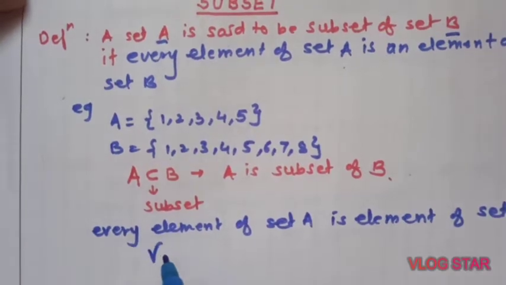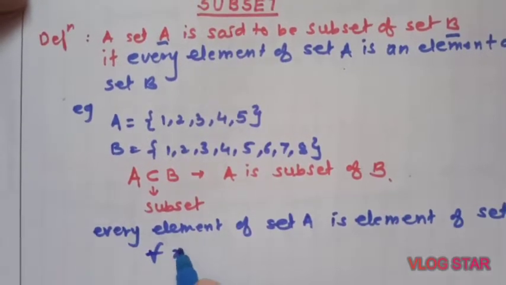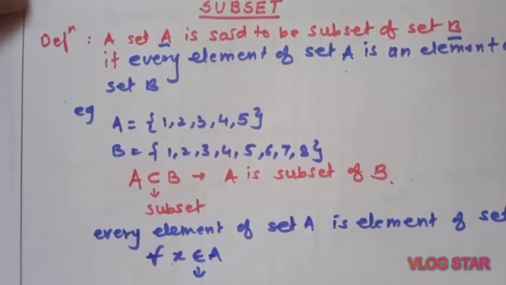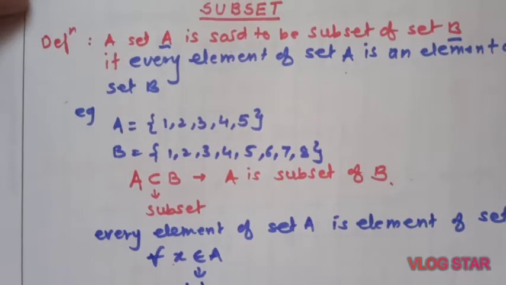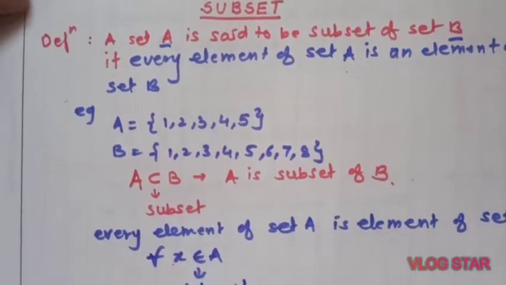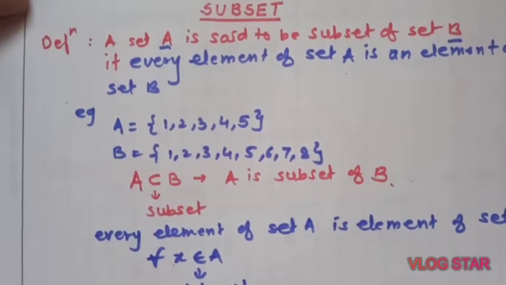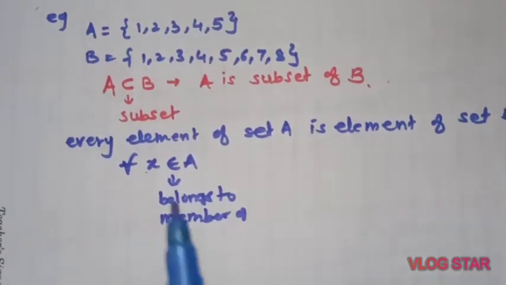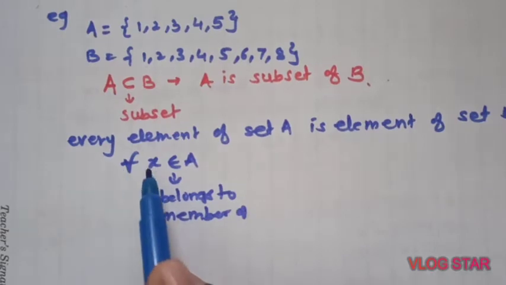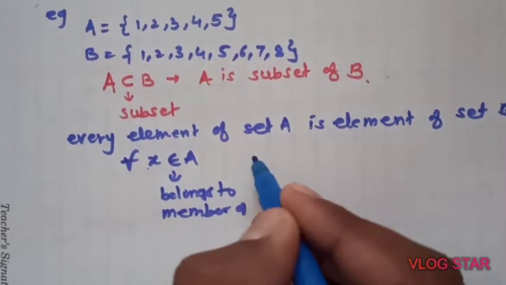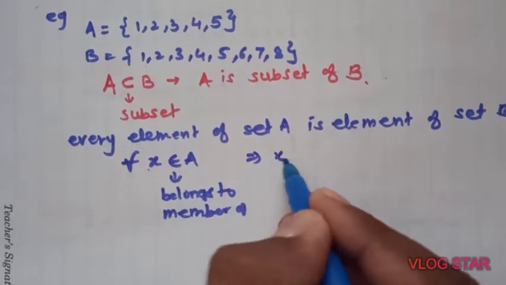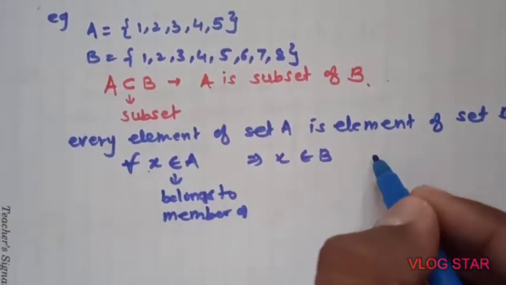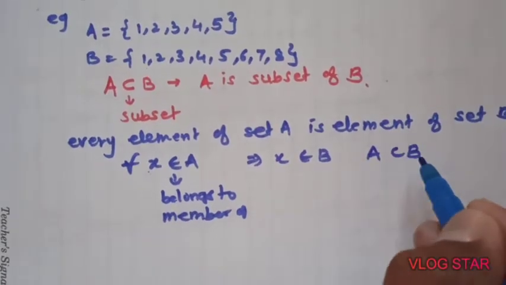This is the notation for "for all". Read as: for all x in A, x is a member of B. This notation means belongs to, or it is used for member of, isn't it? So for all x in A implies x in B. In that case we say that A is a subset of B.